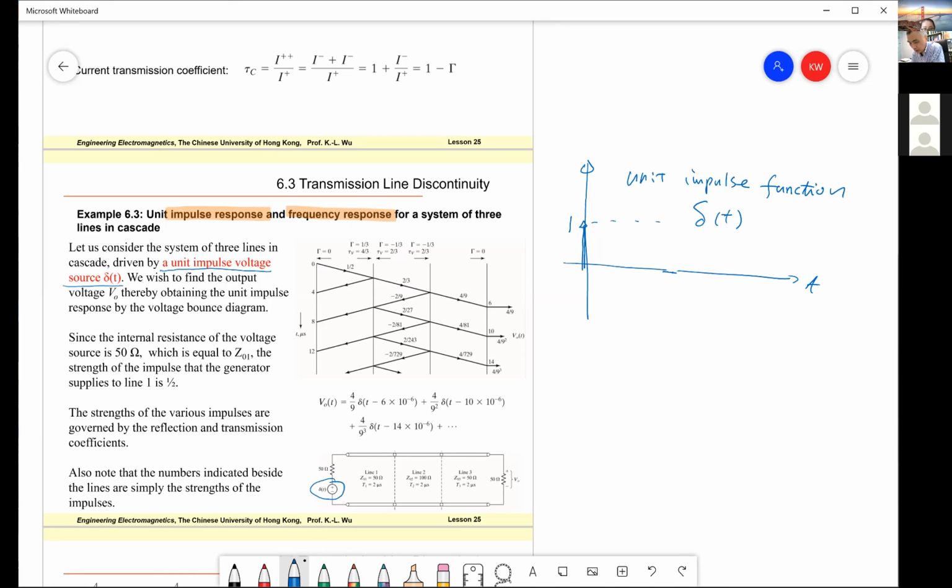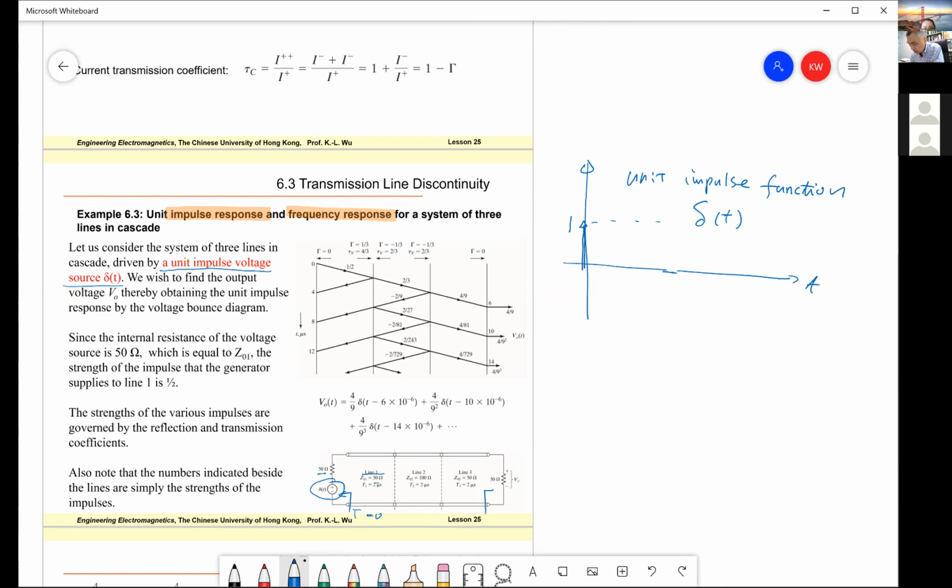The first section, let's assume line 1 is 50 ohm, matched to the source. That means if I look at the reflection coefficient looking toward the source, it equals 0. We all talk about the voltage. Then how about the other end?